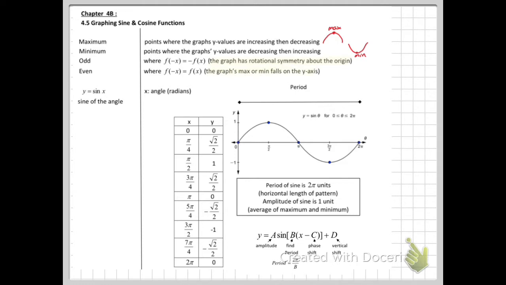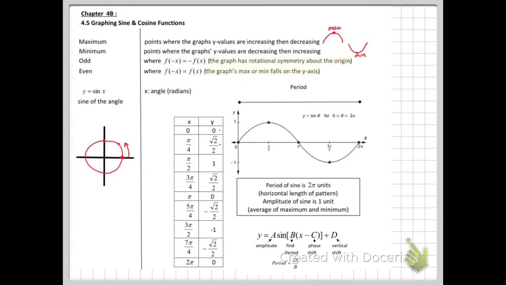Okay, so graphing sine, we are going to do this in radians. If you went around the unit circle counterclockwise, you would start at 0, and remember sine is the y value, that's why the y value is 0. Then at pi over 4, sine is root 2 over 2.